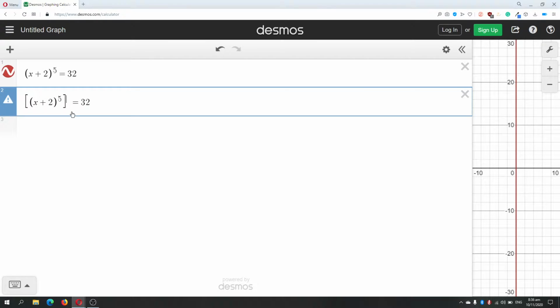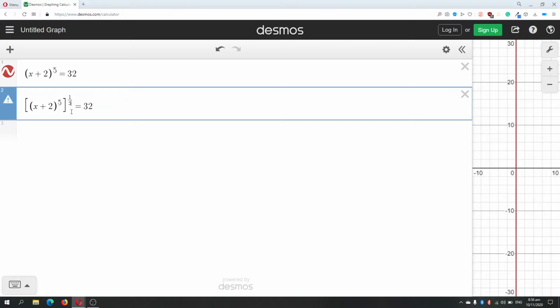If it is 5, it is automatically 5 over 1. So reciprocal niyan is 1 over 5. So ganun din dapat dito. If we are using this exponent sa left side, we are also using this to the 1 over 5.